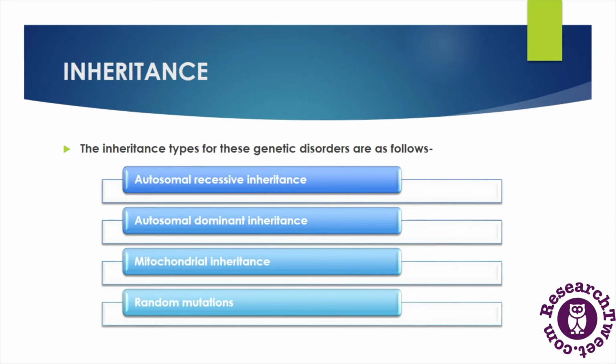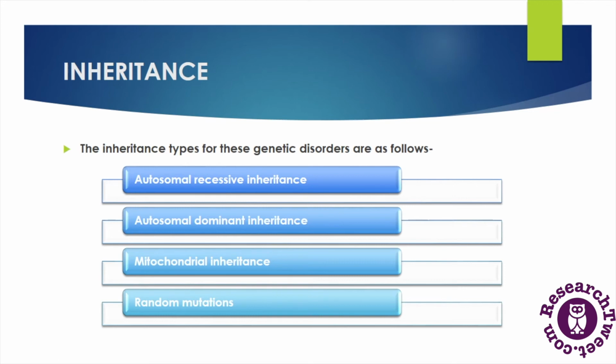In this case, there is a 25% chance that each child in the family will inherit the disease. But in the case of autosomal dominant inheritance, the dominant allele contains the gene for this disorder, and in this condition there is a 50% chance that each child in the family will inherit a mitochondrial disease.